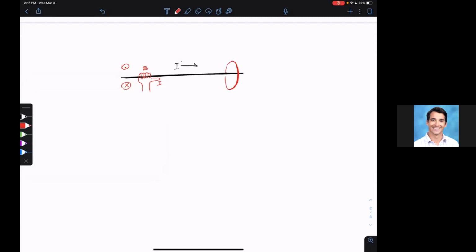This would be out of the page, this would be into the page. And since it's circular, in the back we're sticking up, and in the front our magnetic field is pointed down.